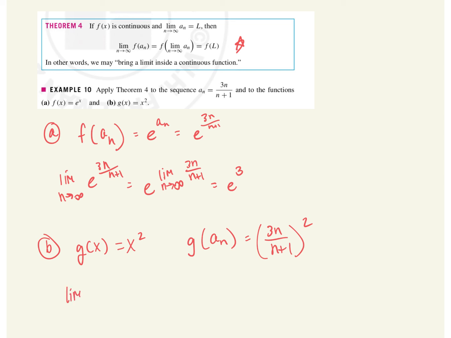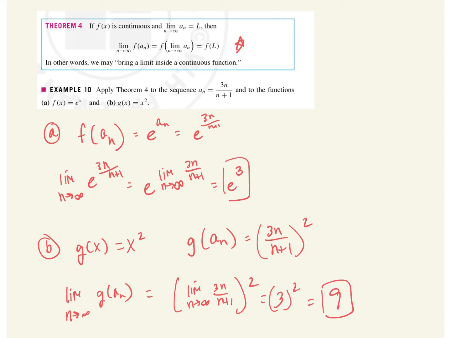So the limit as n approaches infinity of this g of a sub n is equal to, well, let's bump that squared out, that operation out of there. So quantity, limit as n goes to infinity of 3n over n plus 1, squared. Well, we already took the limit. It's the same thing. So that limit still comes out as a 3, and now we square the result. So we get 9.